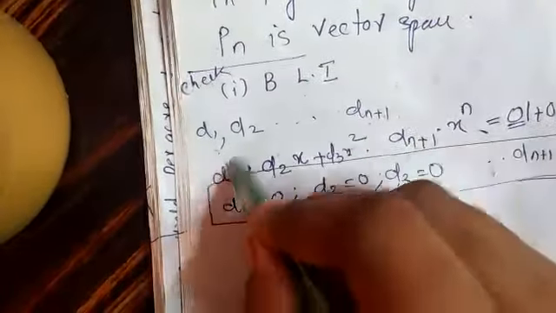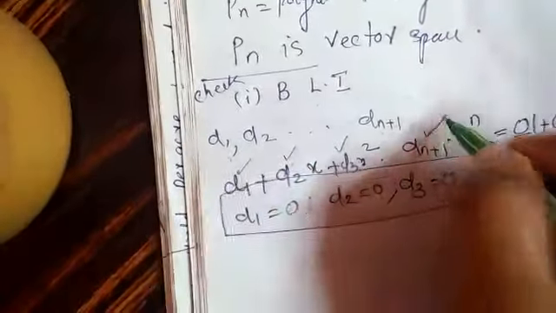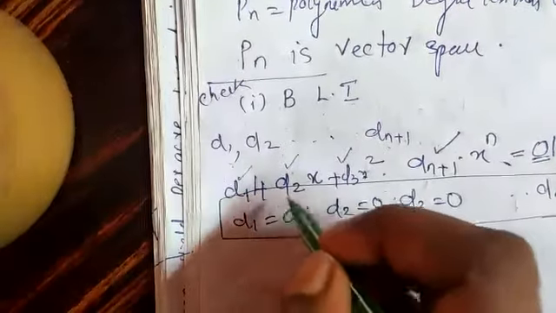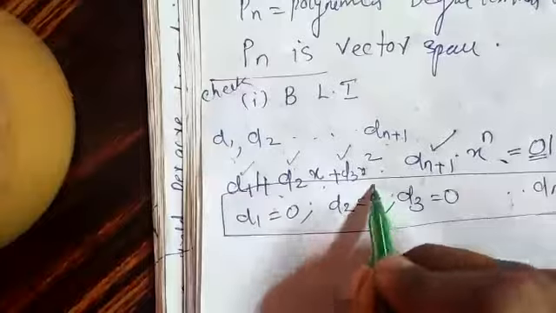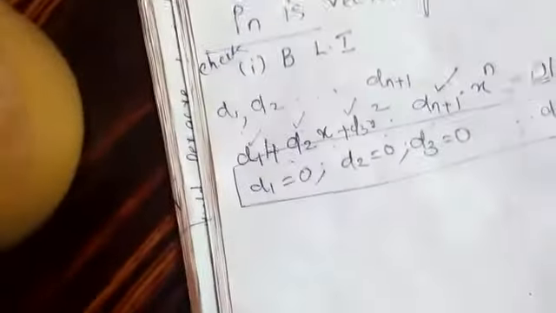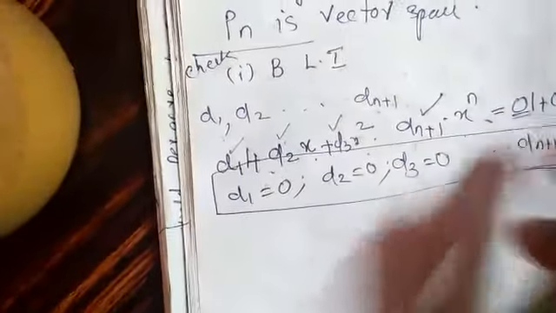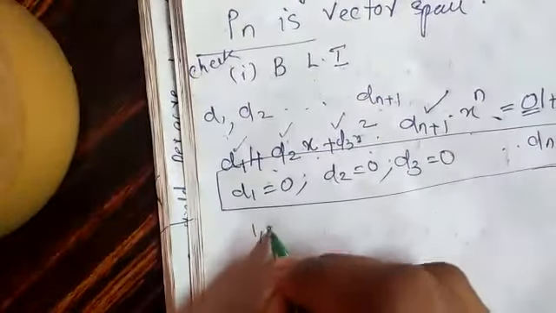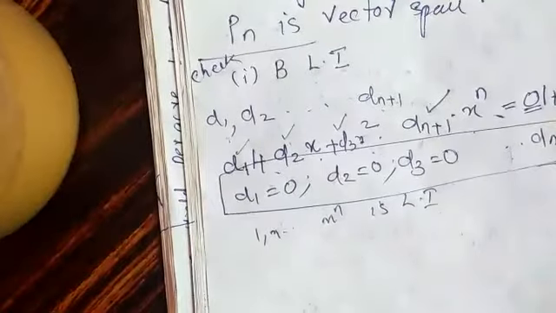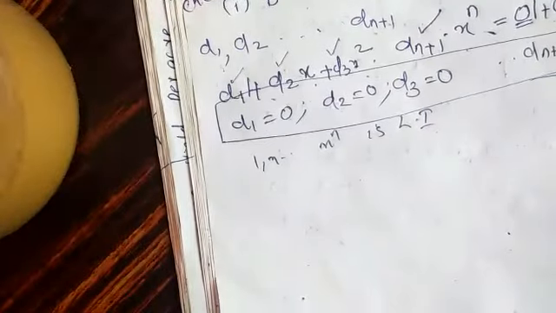You got all scalars become 0. Then we can say 1, x, x², etc., xⁿ is linearly independent.